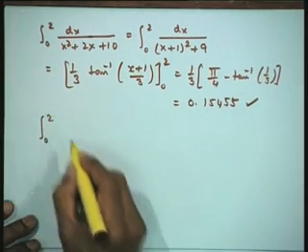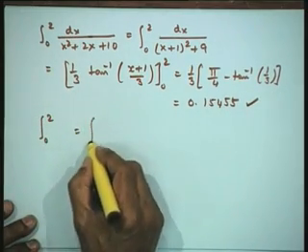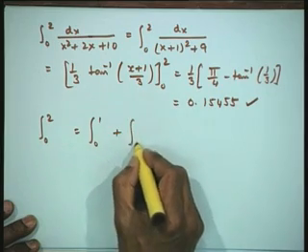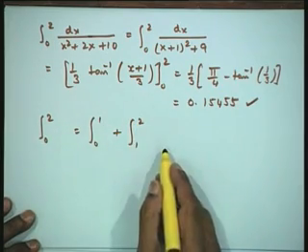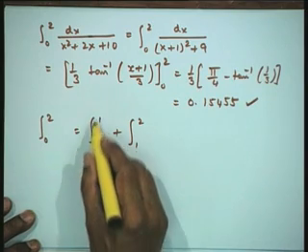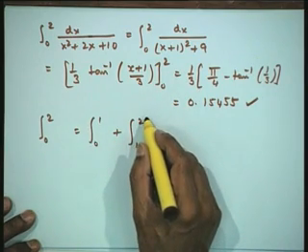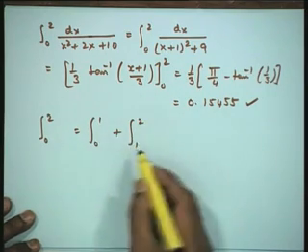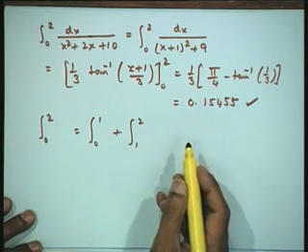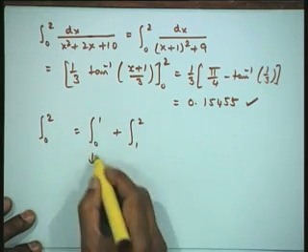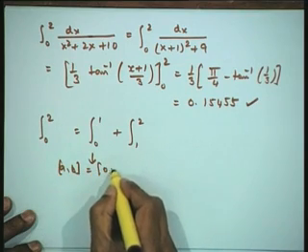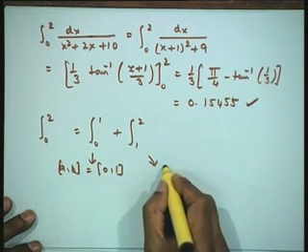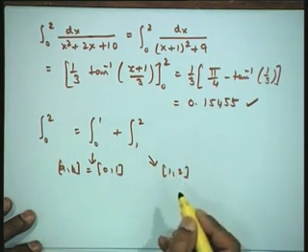I will write 0 to 2 as 0 to 1 plus 1 to 2. Now I will reduce this to minus 1 to 1, and this also to minus 1 to 1. This is almost like a composite Gauss Legendre formula. Now for this the limits a, b are 0 to 1, and for this the limits are 1 to 2.